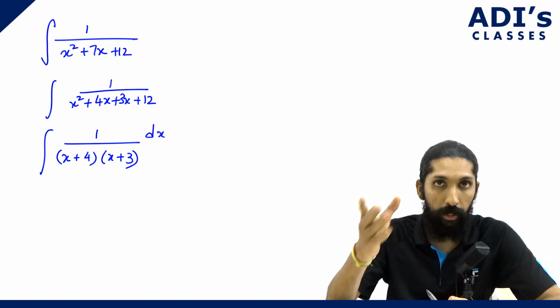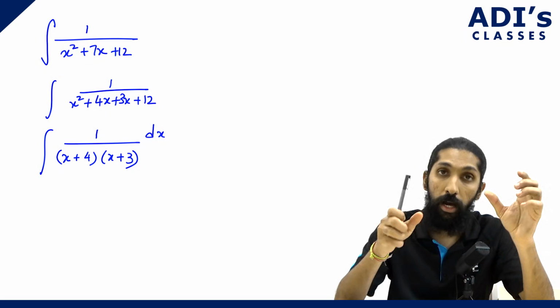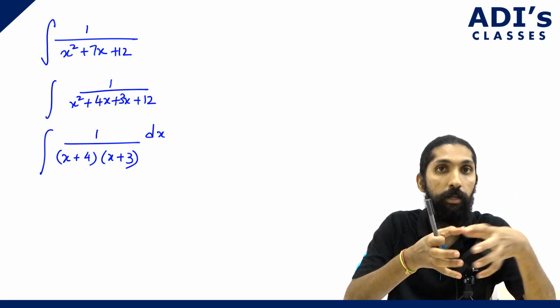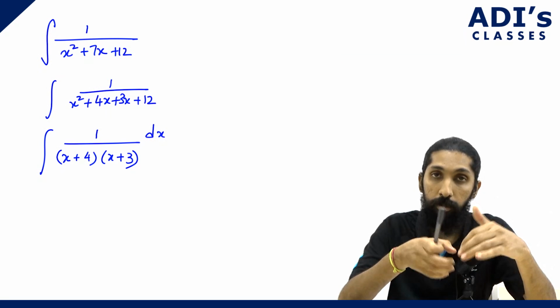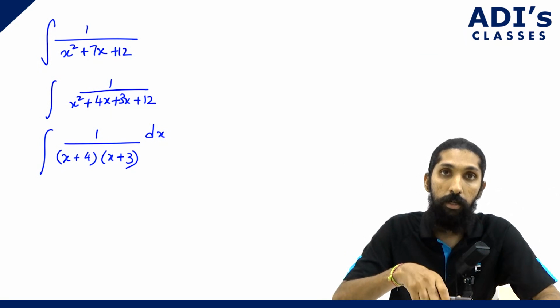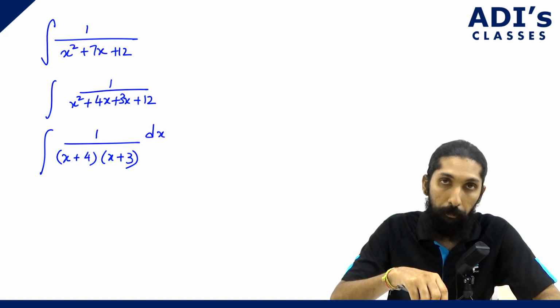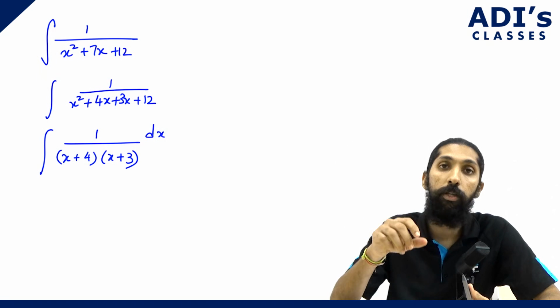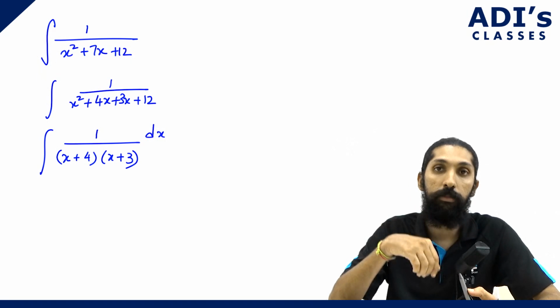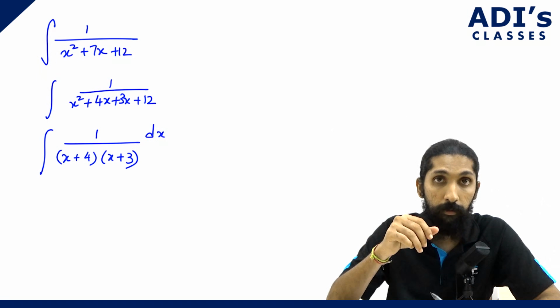So when the denominator is a function which can be reduced into another set of functions, this is where we use the partial fraction method, especially whenever you have terms like x plus 4, x plus 3.